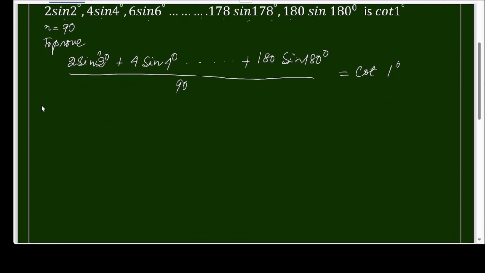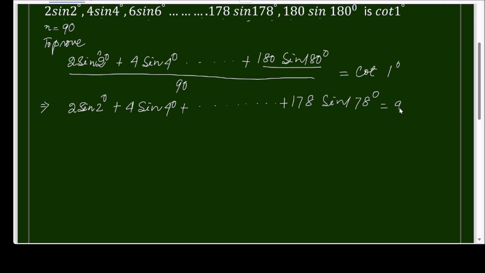Or this implies that to prove 2 times sine 2 degree plus 4 times sine 4 degree up to 178 times sine 178 degree, because the 180 term will be 0, is the same as, taking the right side, 90 times cot 1 degree.